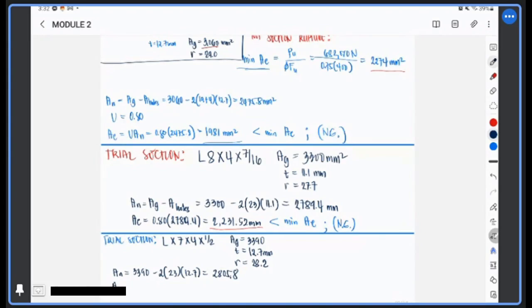Okay, our AE is equal to U AN, which is 0.8 of 2,805.8. Times 0.8, 2,244.64. So, pasado ba? It is still less than our minimum effective net area. Okay, so it is still not good.